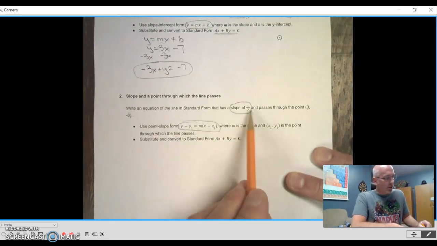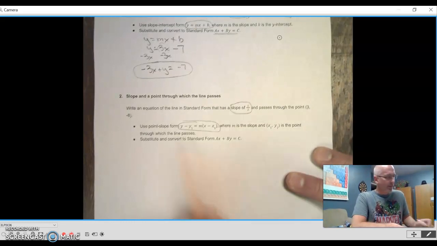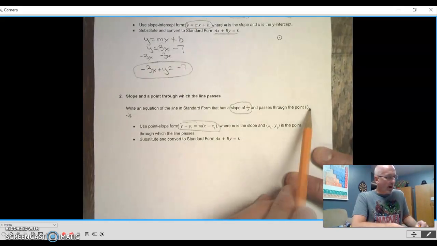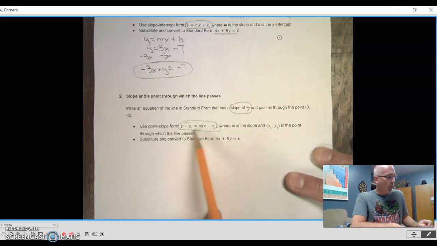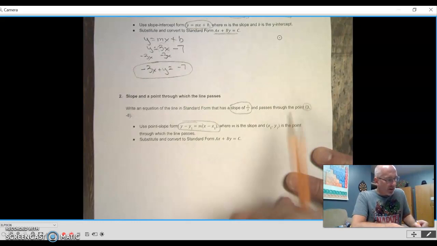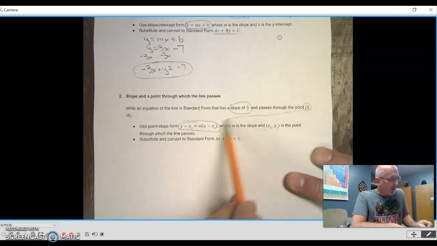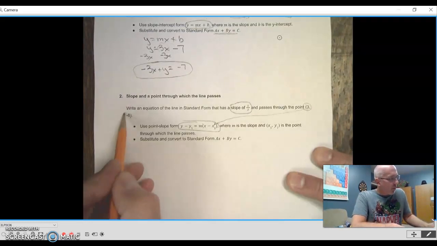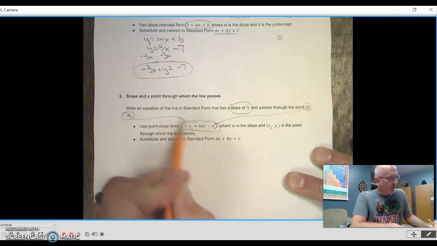M is always our slope, so that's an easy one to put in. Then we have x1, y1, that is the point that it goes through. So the x value, in this case 3, goes where x1 is. The y value goes where the y1 is.